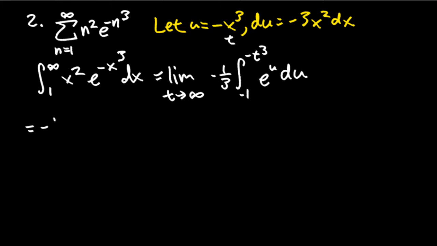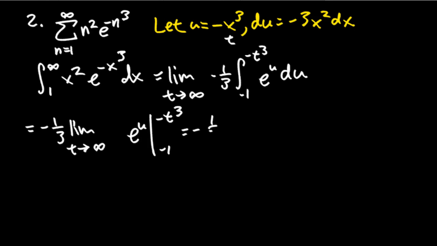Alright, so negative 1/3, I'll just bring that to the very front. Limit as t approaches infinity of e to the u from negative 1 to negative t cubed. Negative 1/3 times the limit as t approaches infinity of e to the negative t cubed minus e to the negative 1.